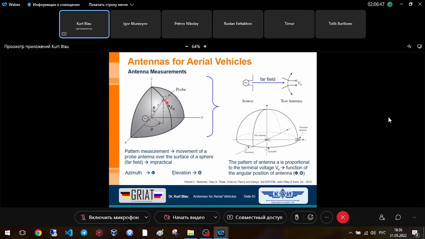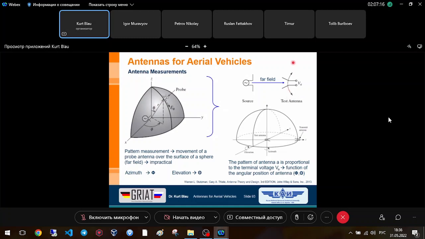It's only, let's say, a relative exchange of the coordinate system. And this is shown here. Here is our antenna excited by the generator. We hold the far field conditions, and here this is our test antenna, the antenna under test.